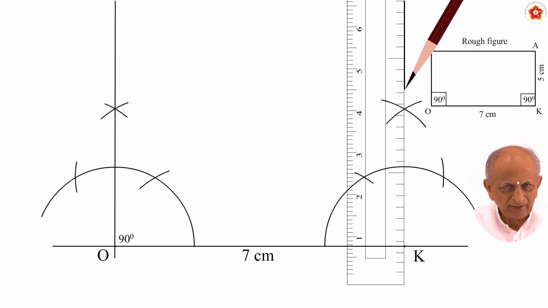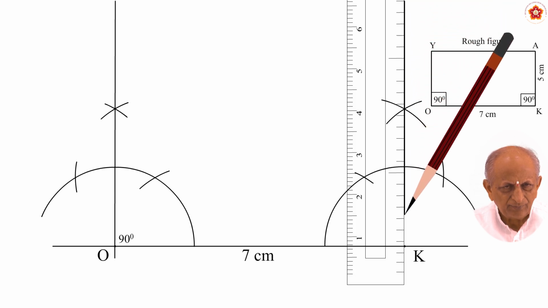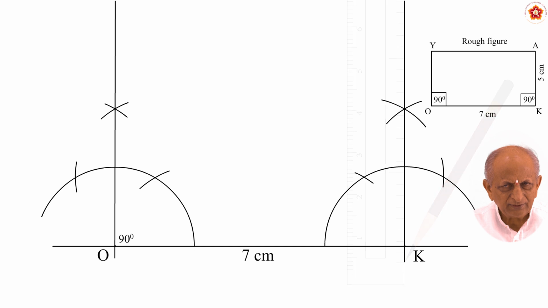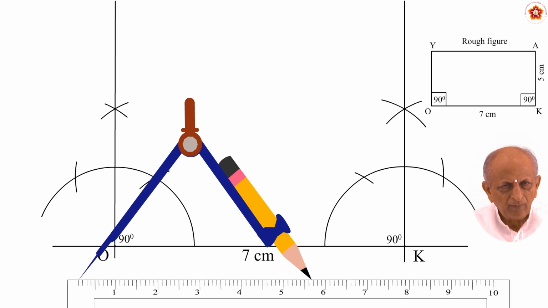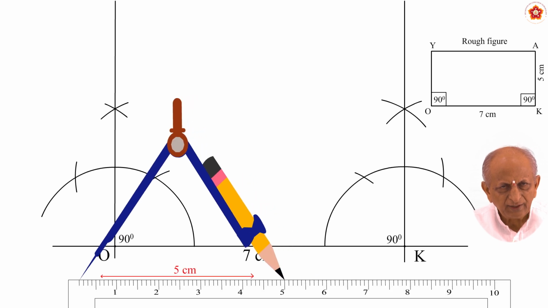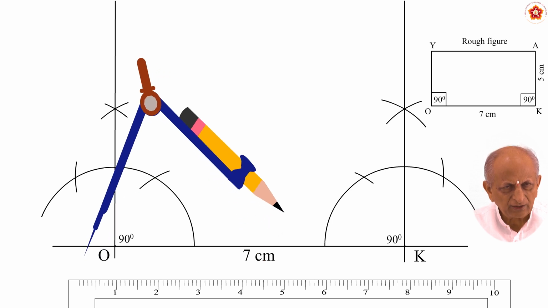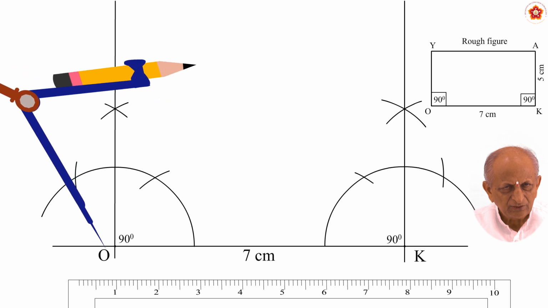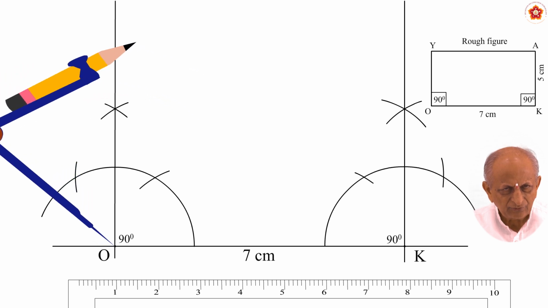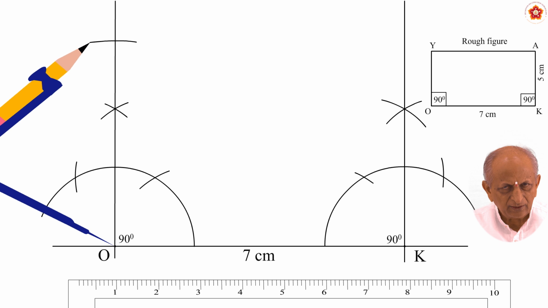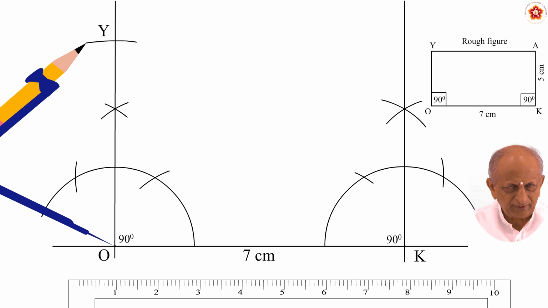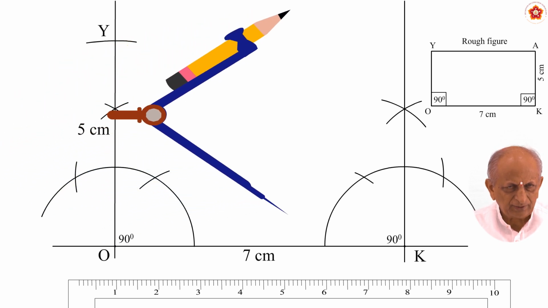Now how to get that A? Point A is at a distance of 5 centimeters from K, or point Y is at a distance of 5 centimeters from O. So cut off an arc of length 5 centimeters. Similarly from K, the same radius. So that is also 5 centimeters.